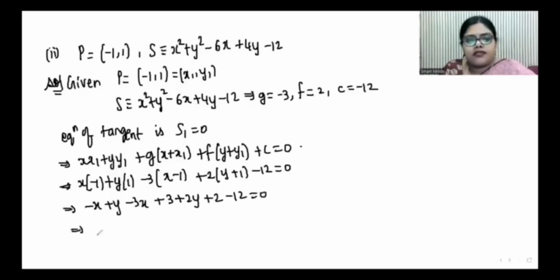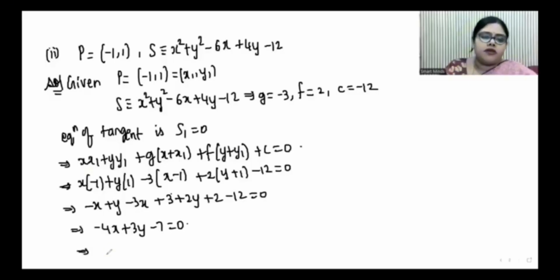So -x - 3x is -4x, plus 3y. Now 3 plus 2 is 5. 5 minus 12 is -7, equals 0. Always make sure the x term should be positive. So take minus common, you will get 4x - 3y + 7 = 0. This is the final answer.